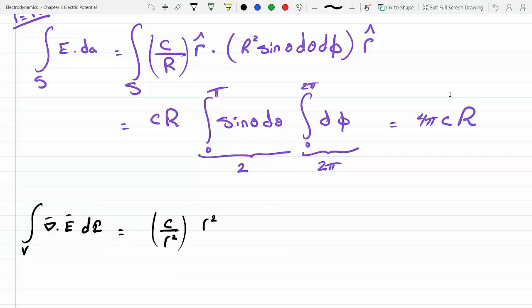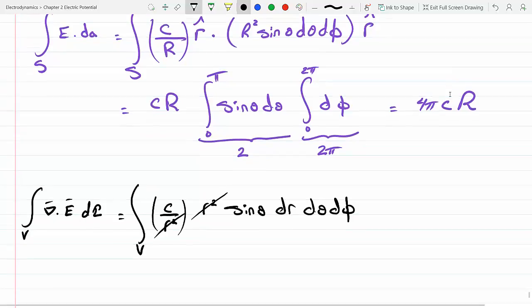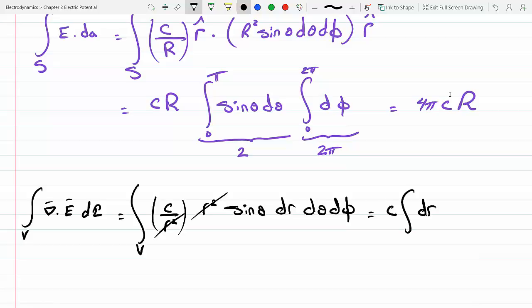So d tau would be R squared sine theta dr d theta d phi on V. So R squared can cancel out, and now I have C dr from 0 to capital R, and I have sine theta, just like above, d theta from 0 to pi, and d phi from 0 to 2 pi.